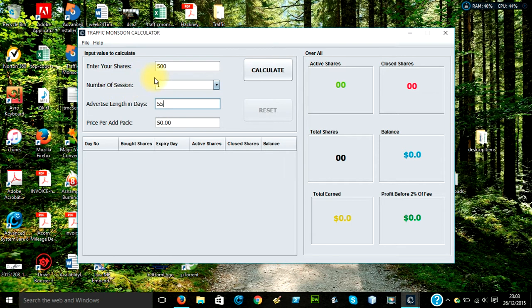Then the session will be 1 times 30 days. And the ad pack is currently $50. In future if they reduce or increase, you can put the new prices here.